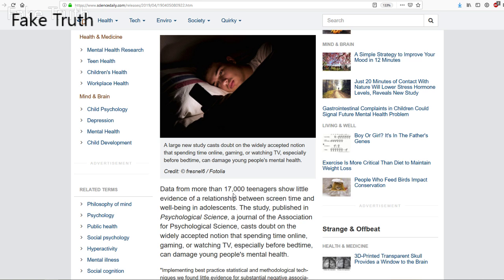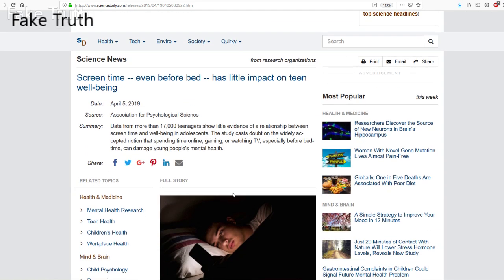And they proved without a shadow of doubt that the notion of spending time online, gaming, or watching TV, especially before bedtime, can damage young people's mental health.